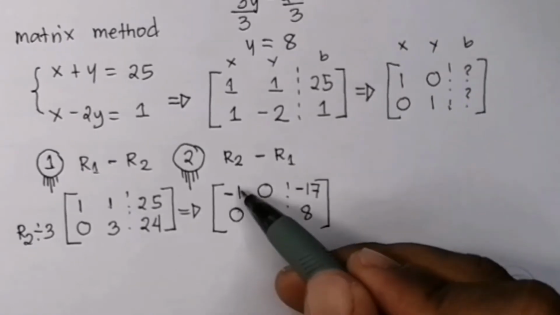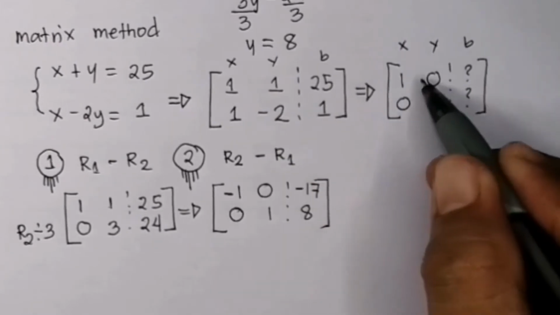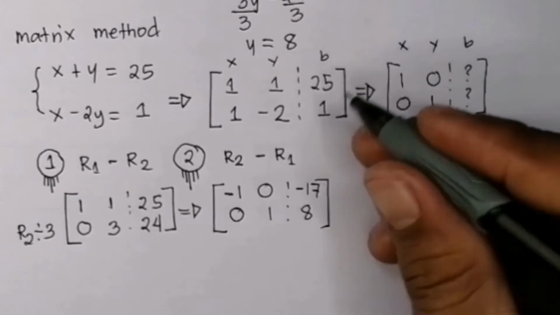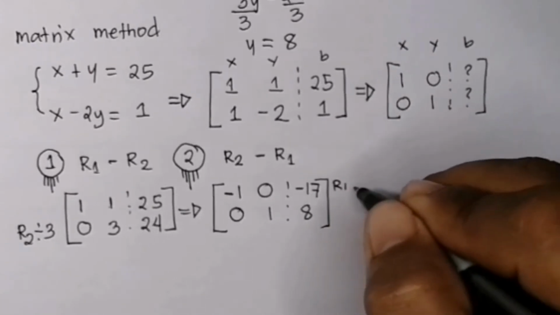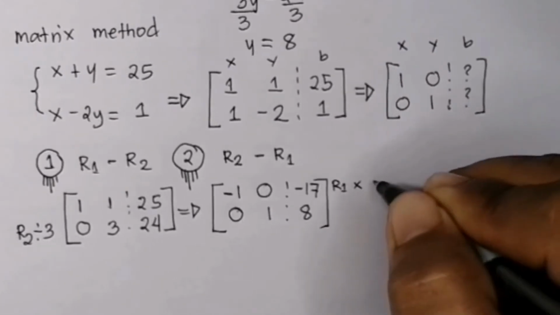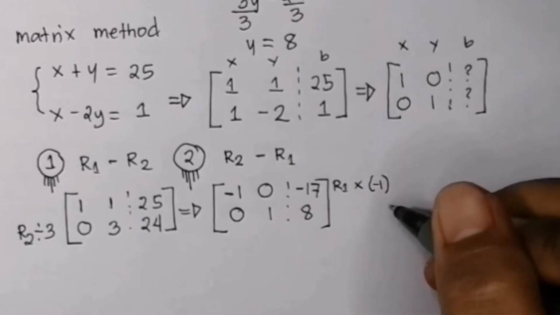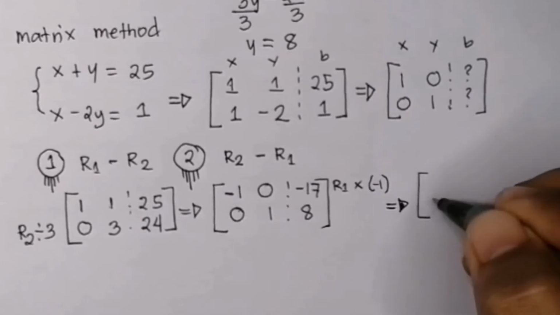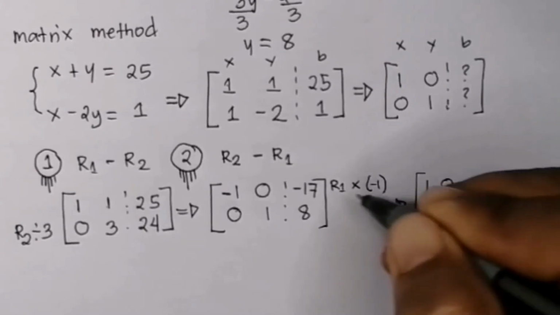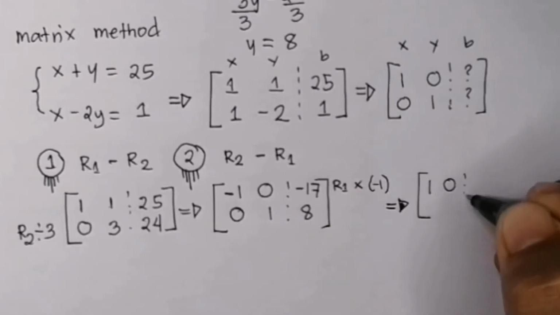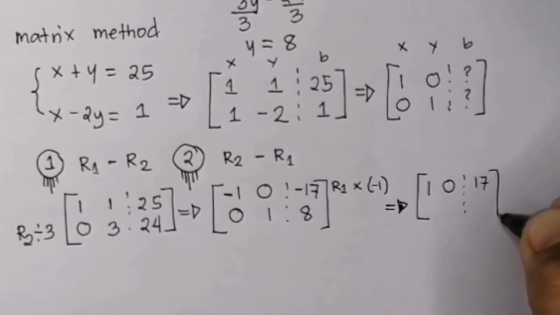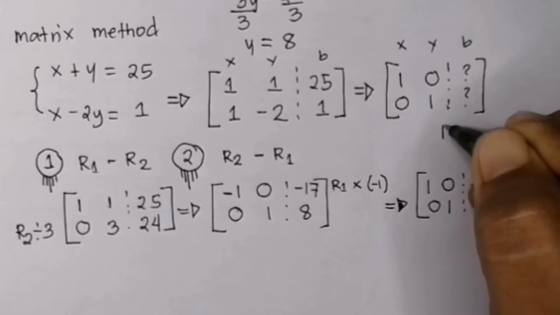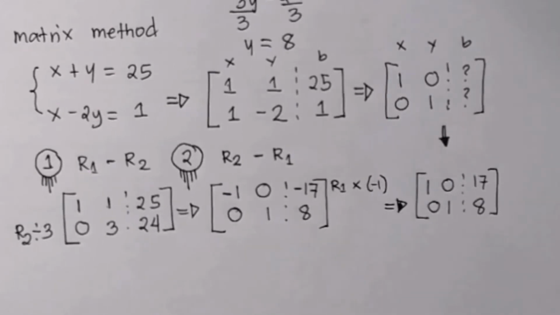So again, our concern is to make this a 1. Therefore, we're going to multiply the row by negative 1. So it becomes positive 1, 0, negative 1 times negative 17, that is positive 17, and 0, 1, 8. We have now reached our objective.